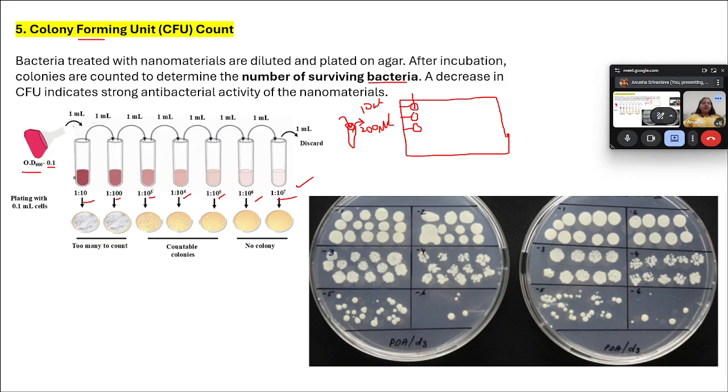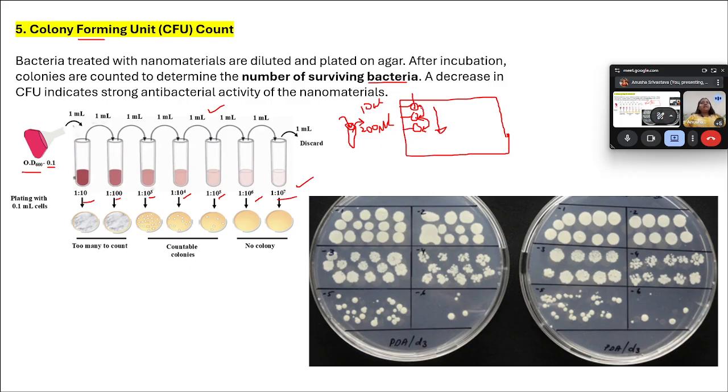After properly mixing, again take 10 microliters from this well and add it to the next. Again mix everything. Now you'll have again 210 microliters of this suspension. In this way, you make serial dilutions. You can do it separately as well, but this is how I prefer doing it.